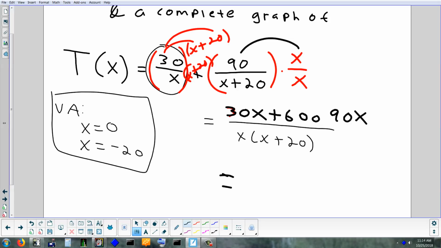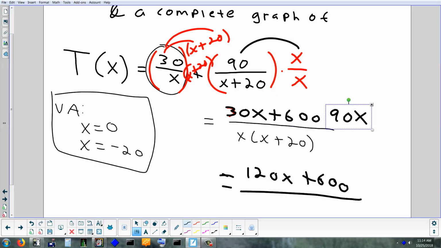And then in the bottom, it's just x times x plus 20. Let's do that out and then combine like terms. So 30x plus 90x gives me 120x plus 600 over x squared plus 20x.